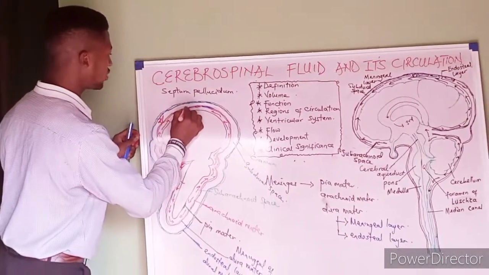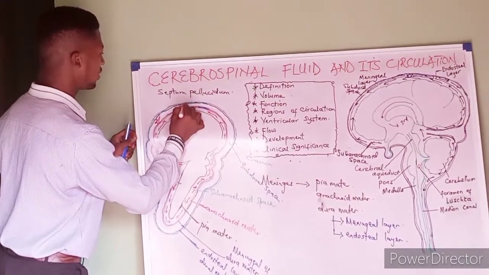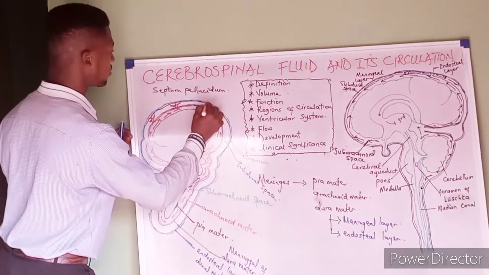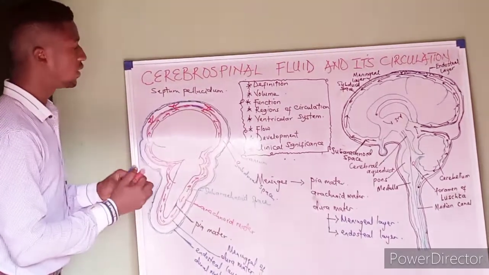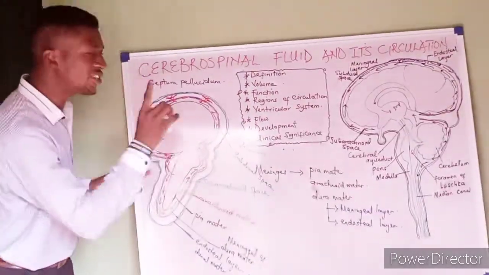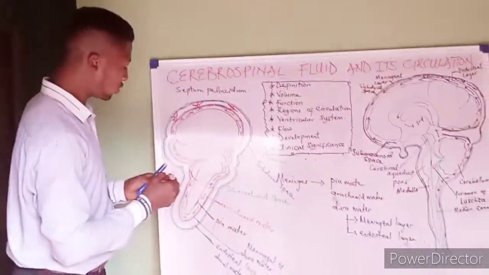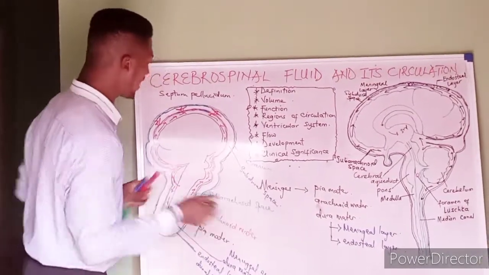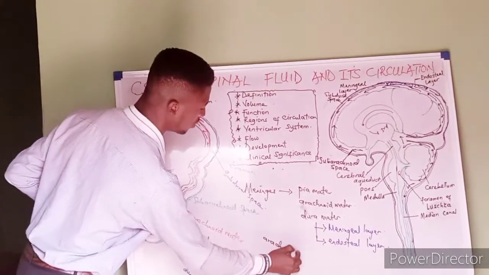This projection is from the arachnoid mater and opens into the subdural space. Each of these projections is made up of what we refer to as villi. So we now call this arachnoid villi.